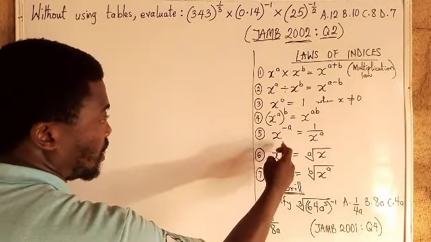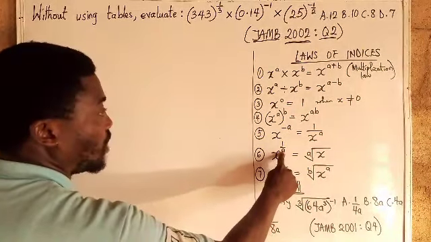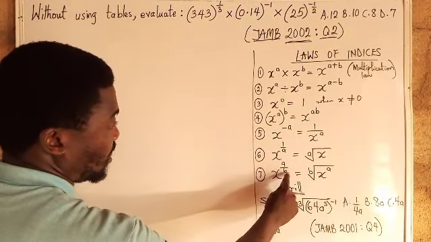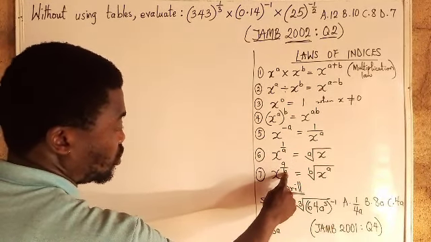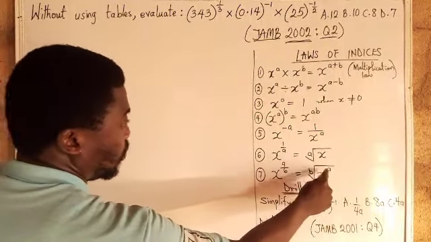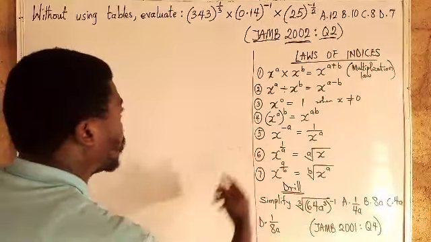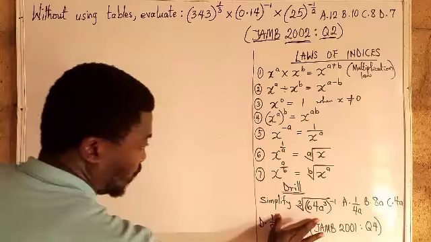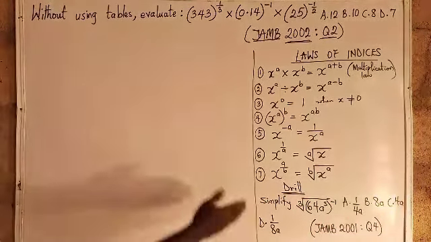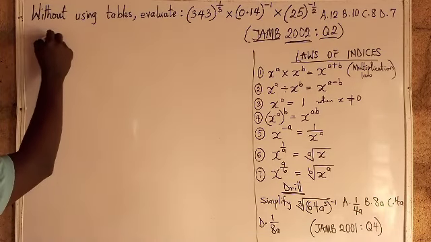We also have the power of fraction, where the denominator in the power forms the root, and the numerator in the power retains itself as the numerator. So you can attempt this using the laws of indices, and then you can simplify it as well.